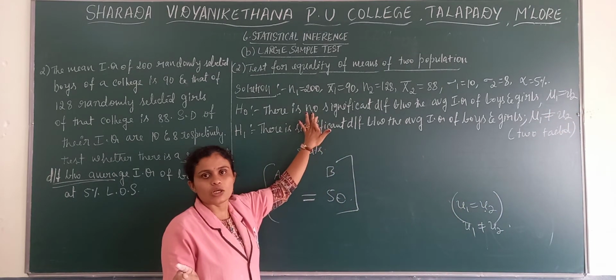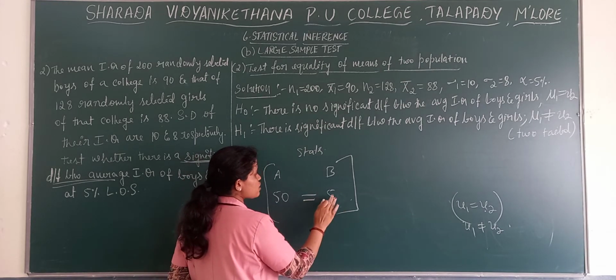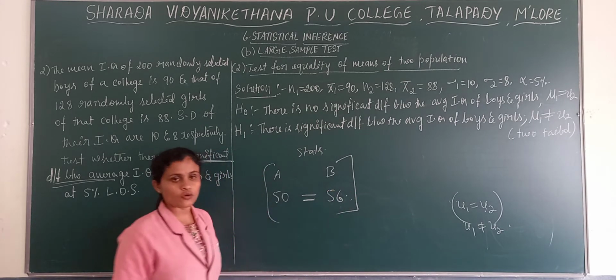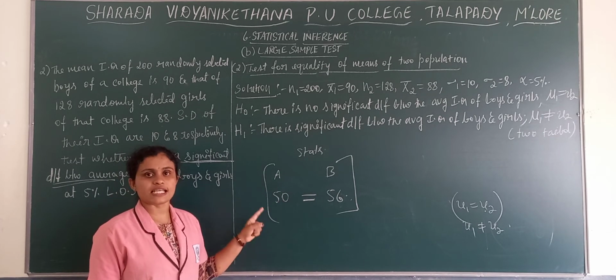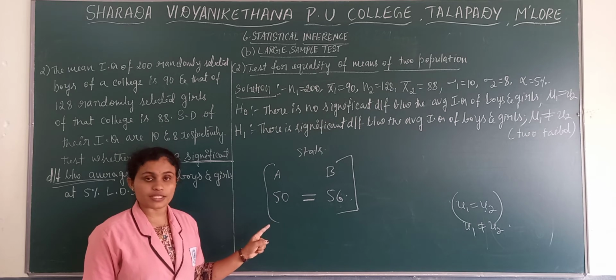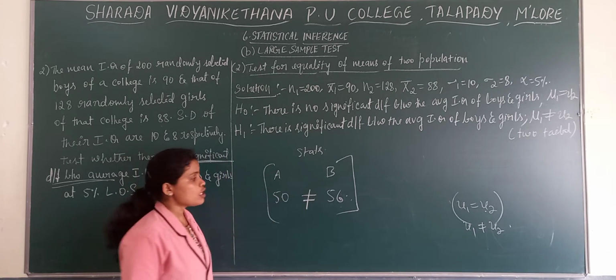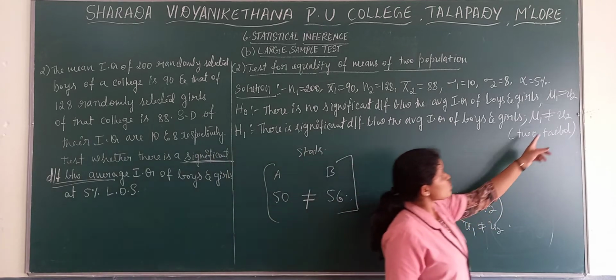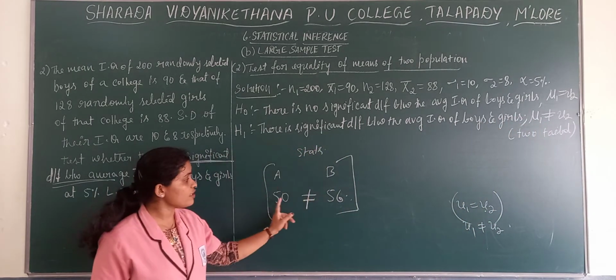These are equal. Now, one more example. Here A scored 50 and B scored 56. Now, I am asking, is there any significant difference? Yes, there is significant difference. So we cannot take it as equal. It is not equal. So when we need to write not equal, we need to frame the sentence: yes, there is significant difference.